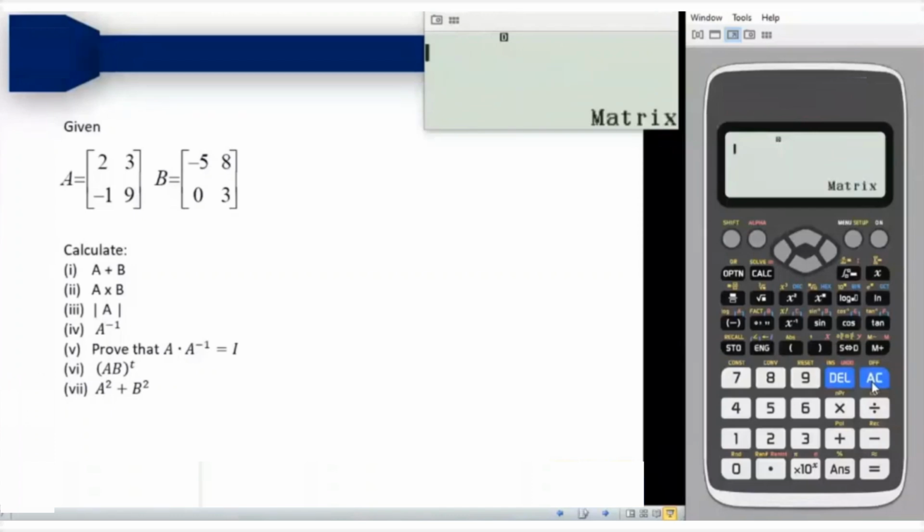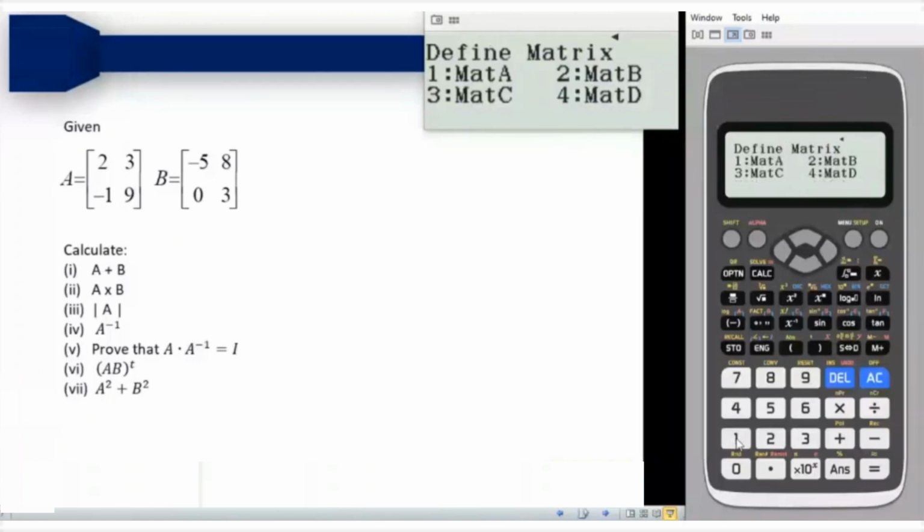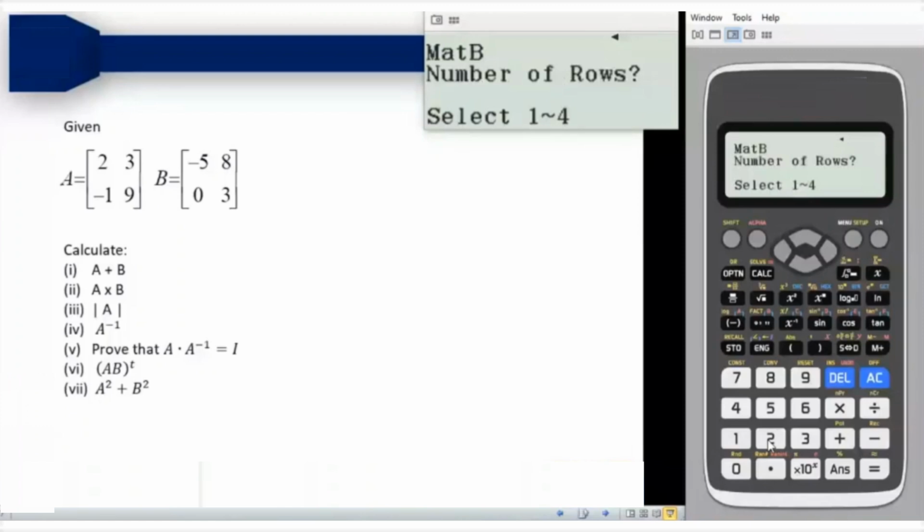Now I will clear my screen. I wish to define the second matrix. To do that, I will press OPTN. OPTN is the option button. When I press option, I will press 1 because I need to define another matrix. This time I need to define matrix B, so I will press 2. Now the calculator is asking me again how many rows this matrix has.